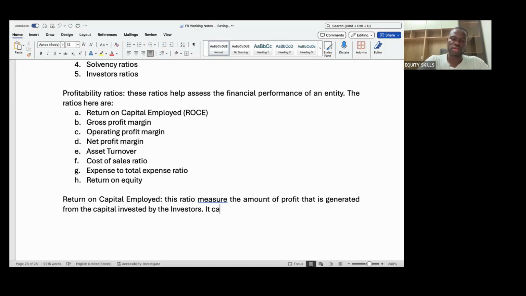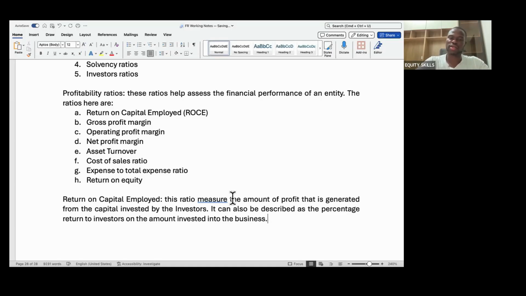It can also be described as the percentage return to investors on the amount invested into the business.